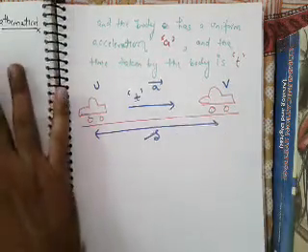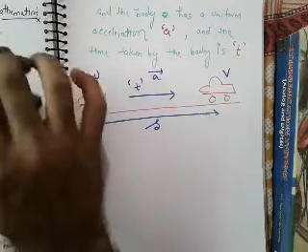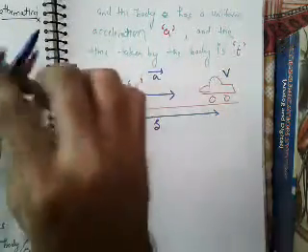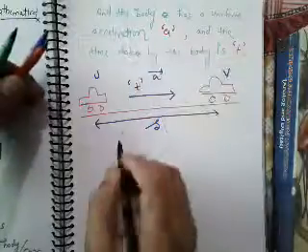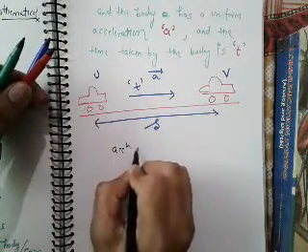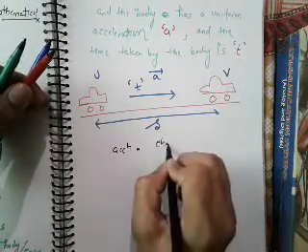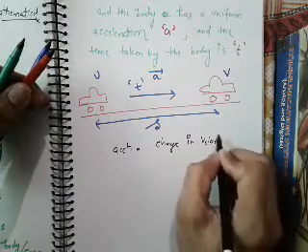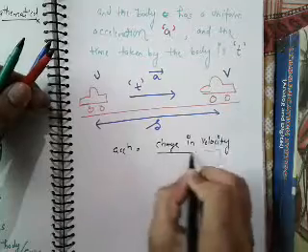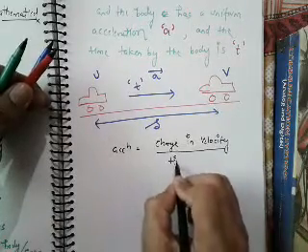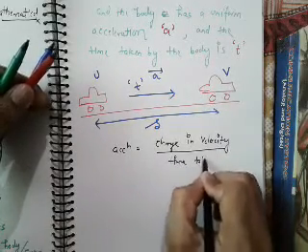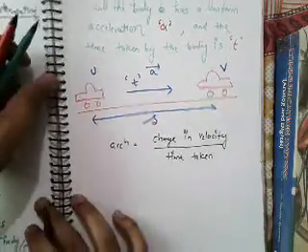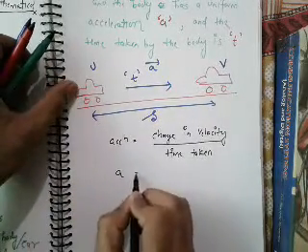From the formula of acceleration, acceleration has a basic formula: change in velocity upon time taken. Acceleration has the symbol a.